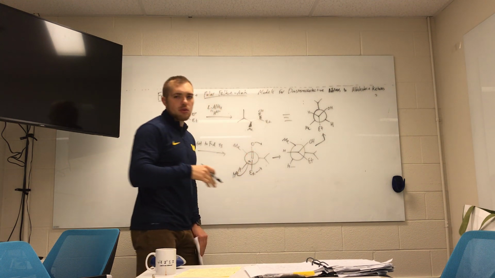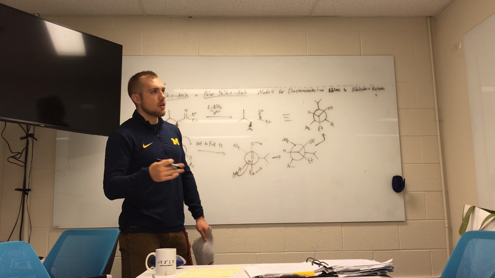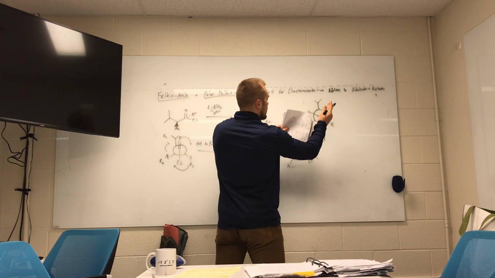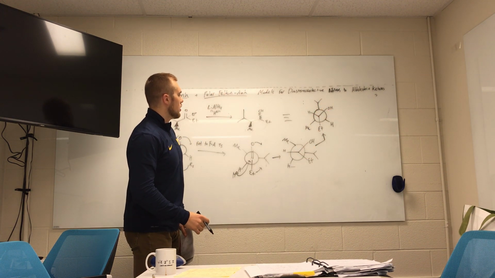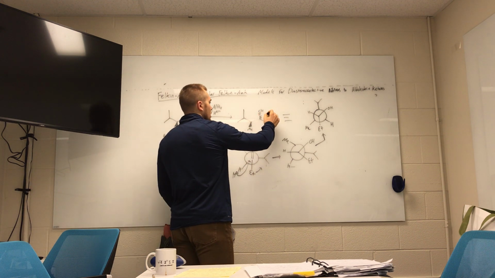So that's how you can reason through it if you don't have a lot of practice already with being able to take these projections and sort of turn them on their side. But this is in fact what you would get if I asked you to project down this carbon.